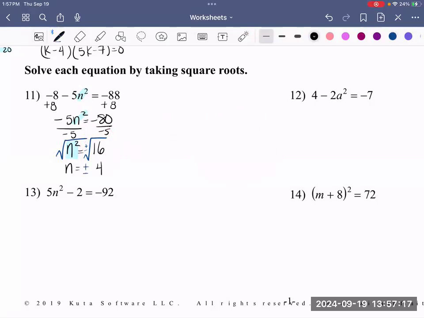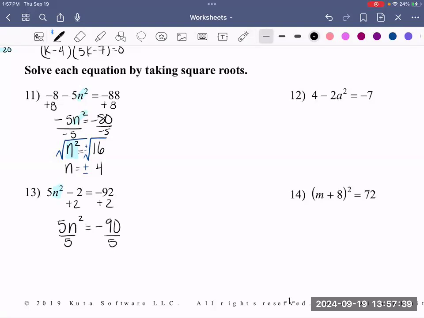Let's do it again for number 13. So one more time, we're going to add 2 to the other side. We want to isolate your term with the square. So we have n squared on one side. We have -90 on another. We can go ahead and divide both sides by 5.